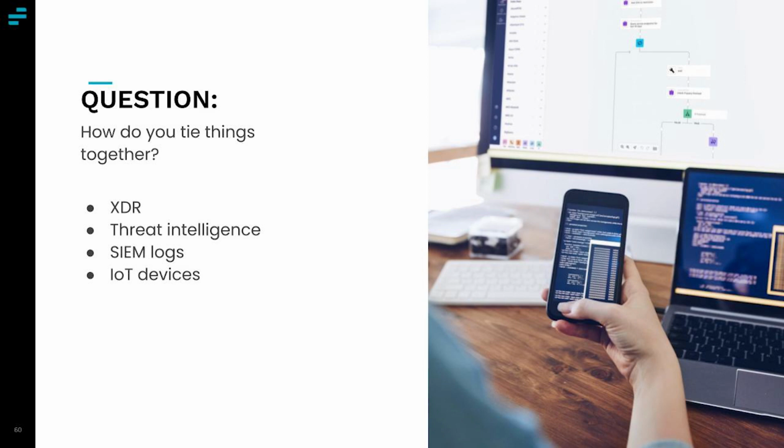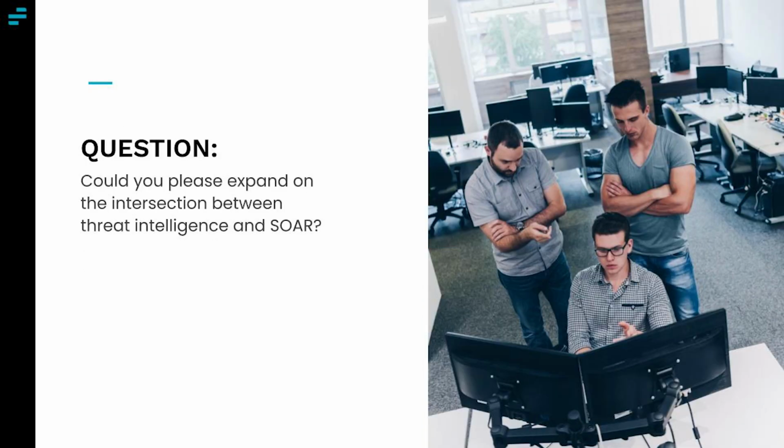We aren't using threat intelligence strategically at the business level. And our threat intelligence life cycles are pretty basic and not very formal. So it's interesting to me that you talked about the intersection between threat intelligence and SOAR. And so I'm wondering if you can give me a little bit more color on what you're seeing.